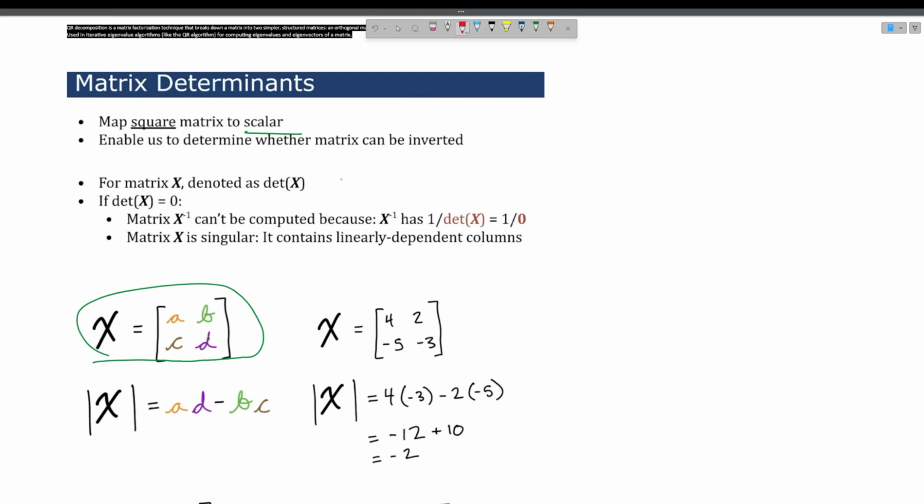How do we get it? In general, this is how it happens. We have a b c d. First of all, we fix a. Then these values get blocked, and you just multiply a with the value d.